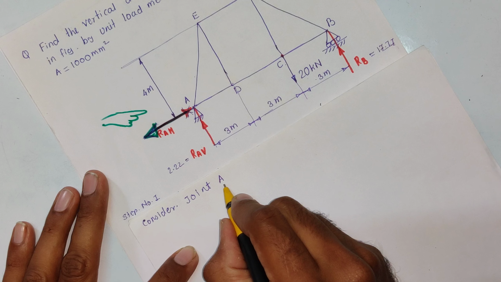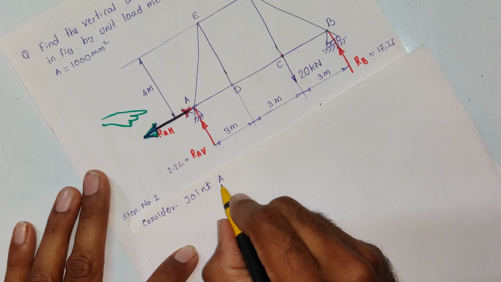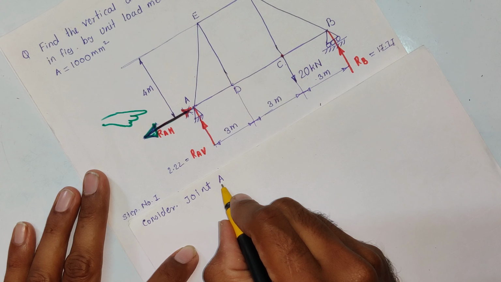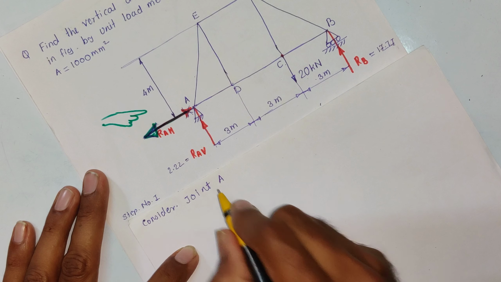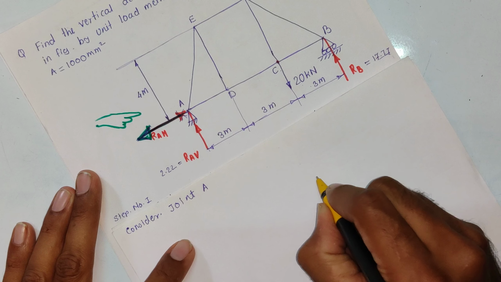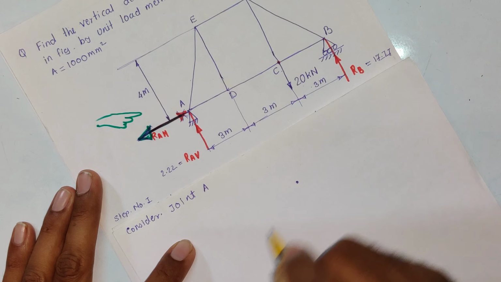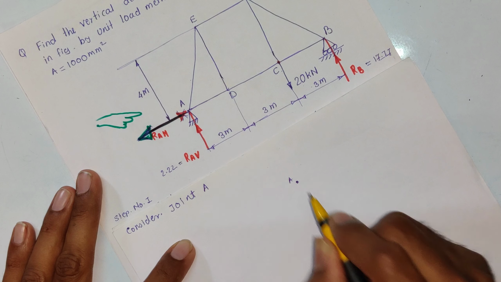Before considering any joint, you first understand there should not be maximum more than 2 unknown forces. Only 2 unknown forces are allowed, right? So joint A, so this is joint A.